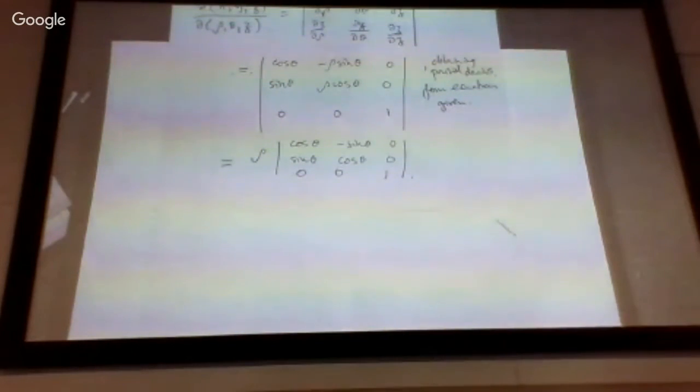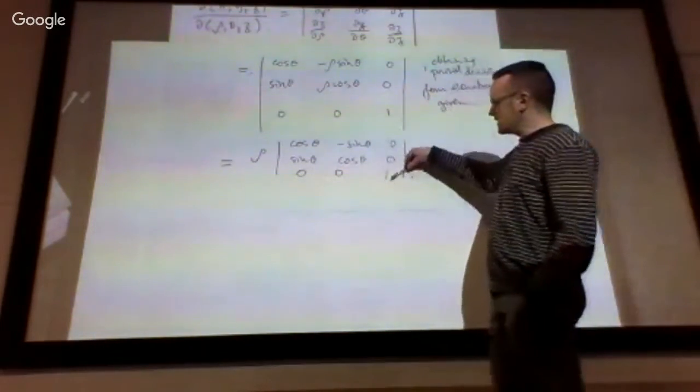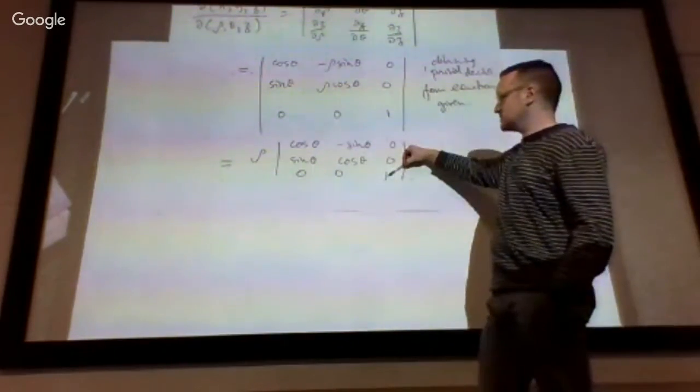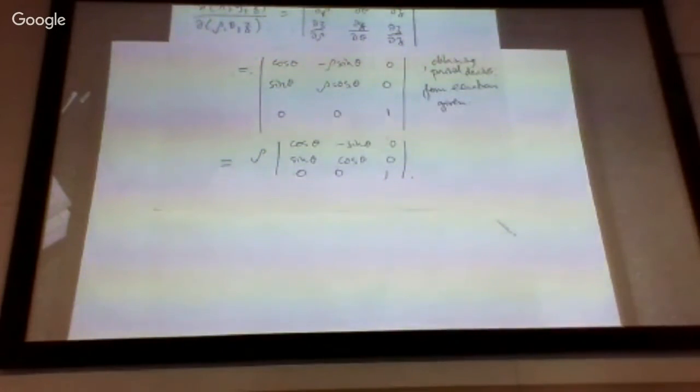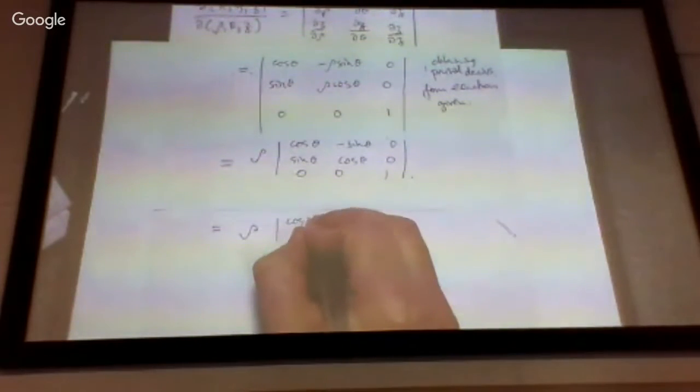Then we can go for expansion of the determinant. You clearly want to expand it along the third row or down the third column because of the zeros. There's no cofactors to work out, just a cofactor for this position, which is going to be the upper 2 by 2 determinant. This is going to be rho times this 2 by 2 determinant.